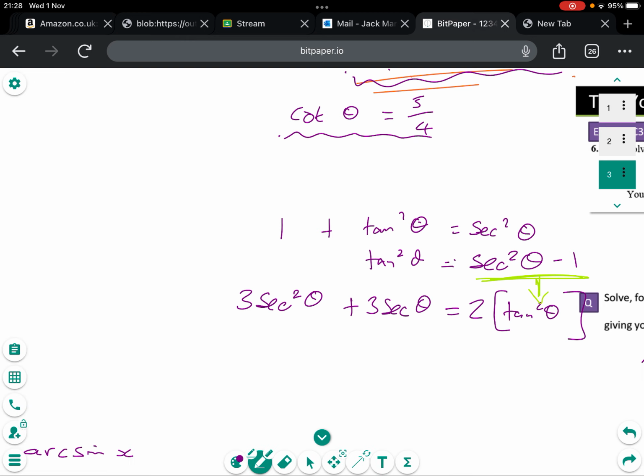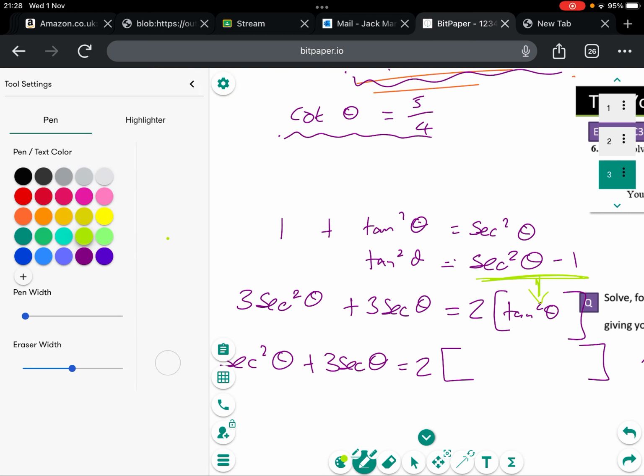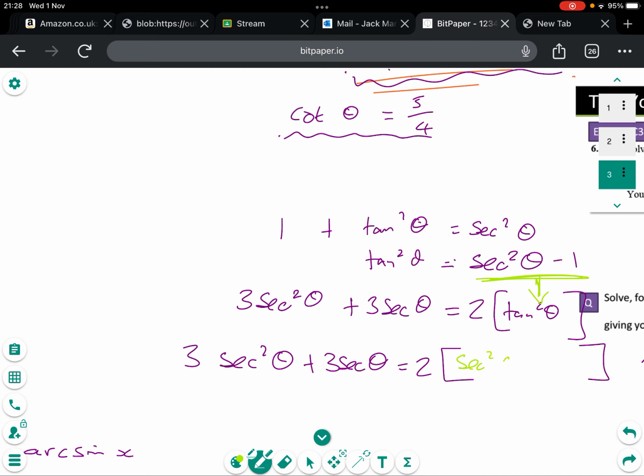So I'm going to do 3 sec squared theta plus 3 sec theta equals 2 lots of sec squared theta minus 1. I'm going to expand this out and collect everything together, so I'll have 2 sec squared theta minus 2, and then move everything to the same side. I'll have 1 sec squared theta now, won't I? So I'll have sec squared theta plus 3 sec theta plus 2 equals 0.